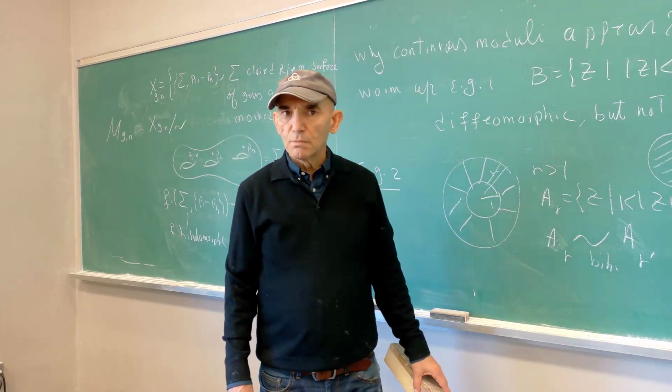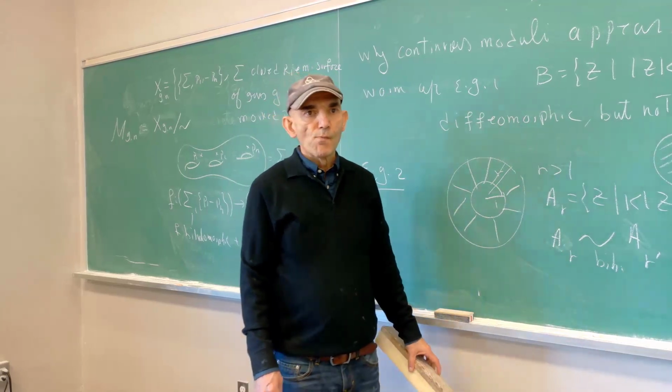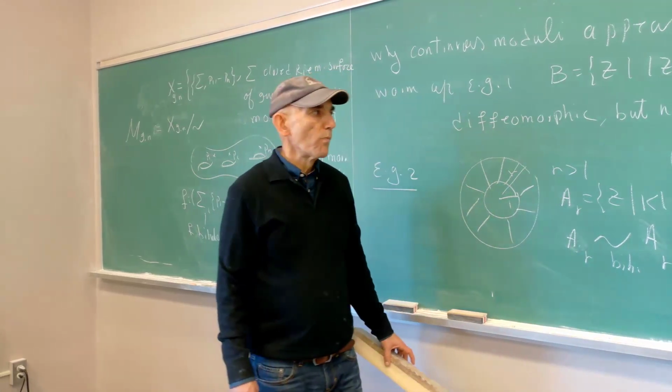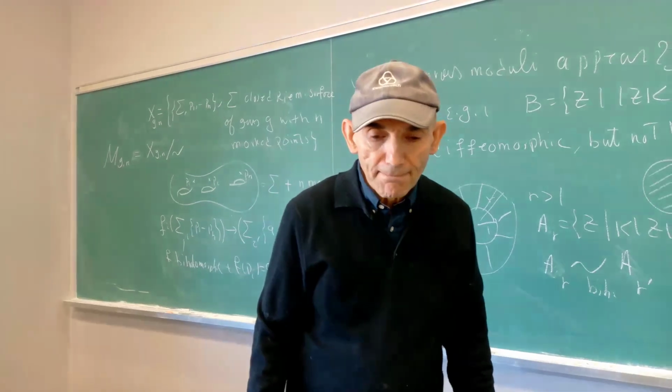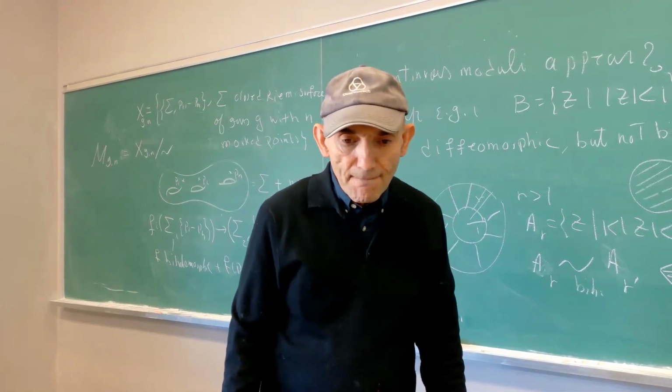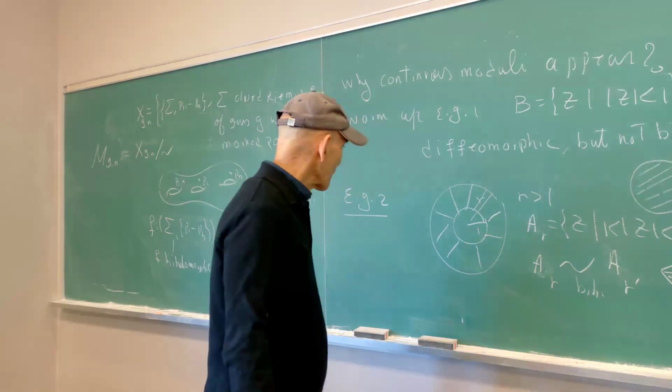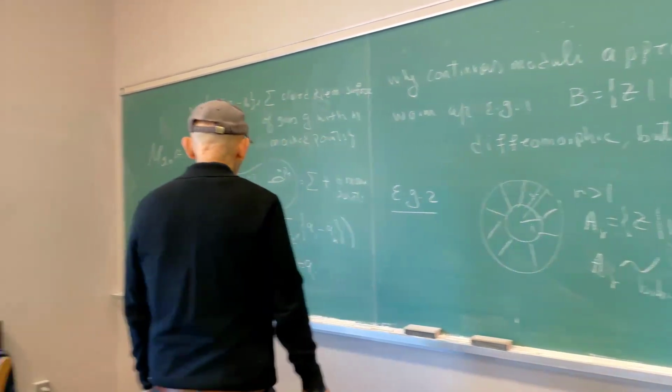Any questions? In the case of n marked points, would we also quotient out the permutations of them, so that they're permuted instead of fixed?